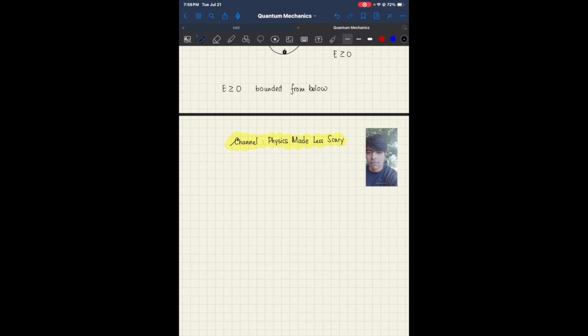Okay, but immediately let's go back and check what we had done. We have found out seemingly the harmonic oscillator has these rungs of ladders, right? Say this is E, this is E plus H cross omega, E plus 2H cross omega, and so on. This goes up. And seemingly this also goes down to minus infinity.